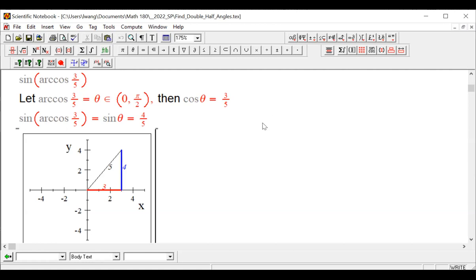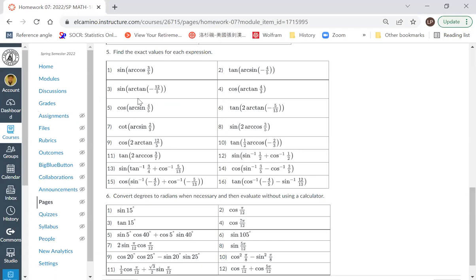So let's look at the next homework question. We have a bunch of homework questions. We just did a sine, so let's look at tangent. Tangent sounds interesting. Tangent of arc sine of -4/5. Okay, so here we go.